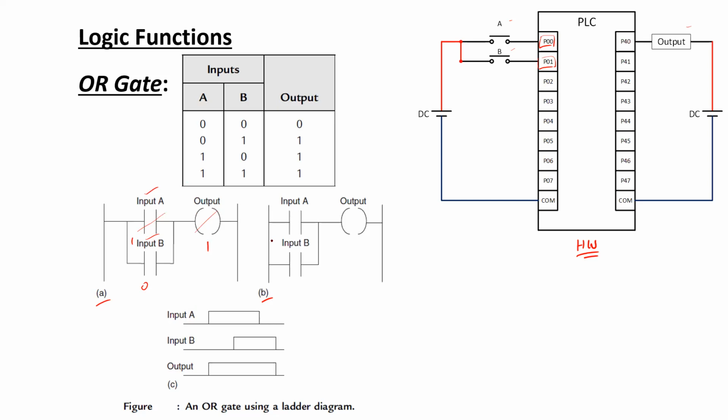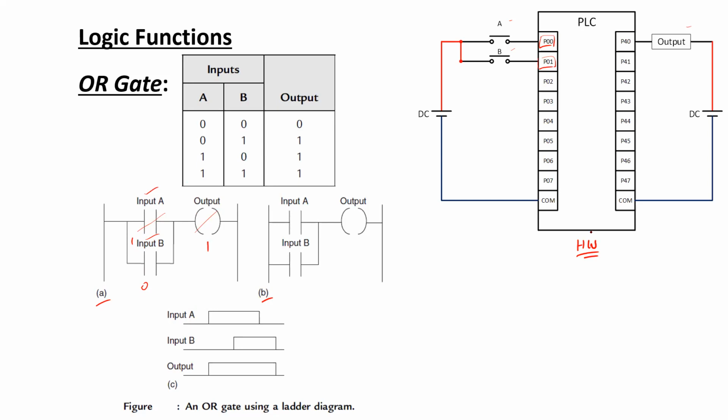So if any one of the two inputs is giving a high signal, the output is supposed to be high, and the corresponding memory bits will also have a transition from their previous status.